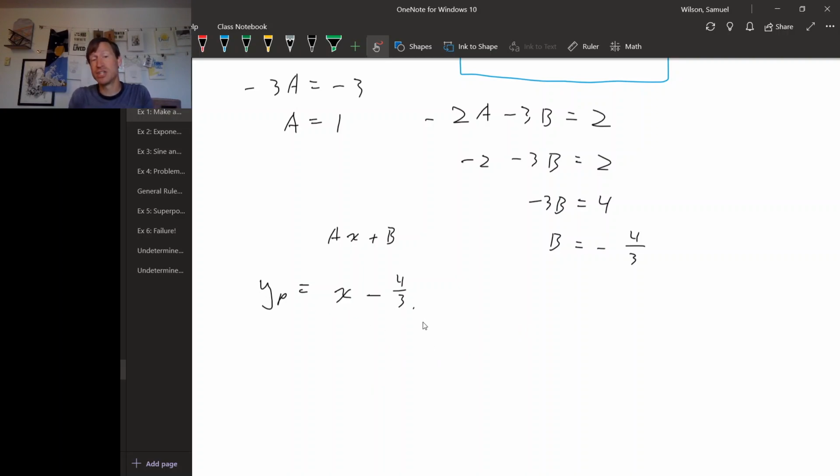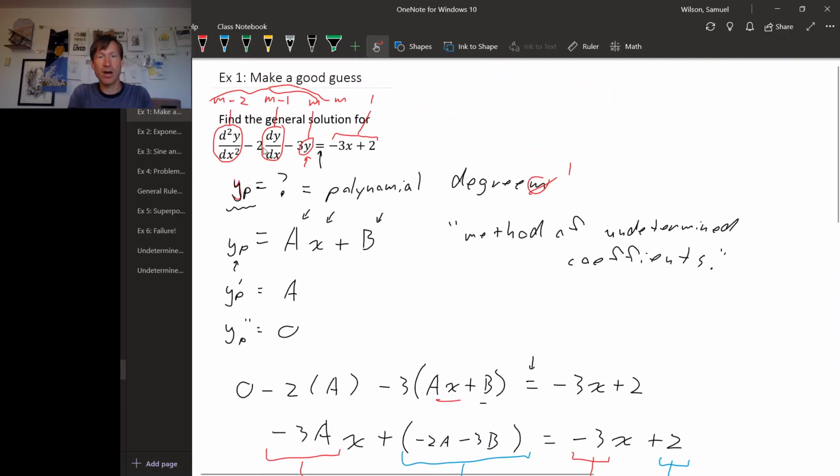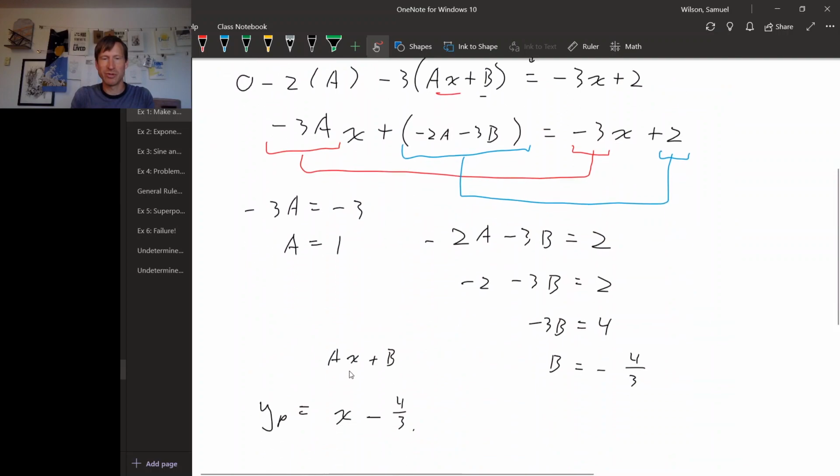Now, to finish writing a general solution for the differential equation, we have to find the complementary solution as well. So let's do that. This is a constant coefficient differential equation. So let's write down the associated homogeneous equation. So y double prime minus 2y prime minus 3y.